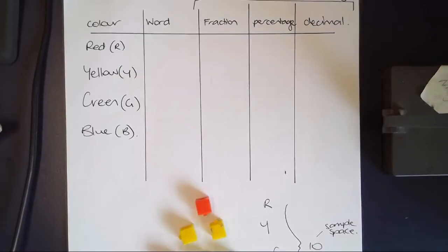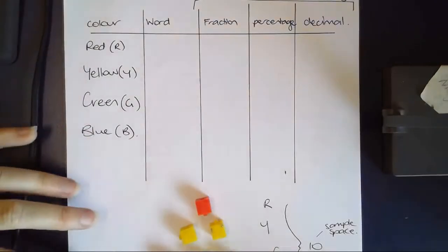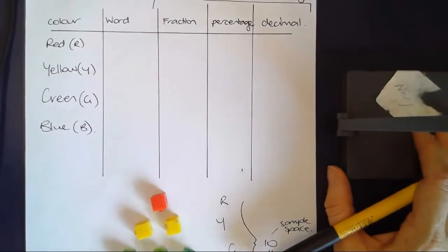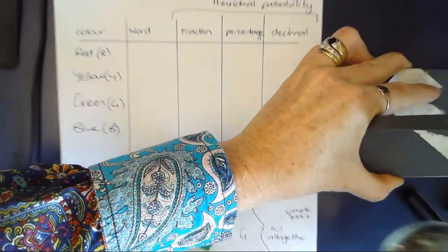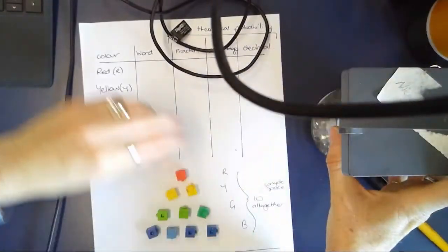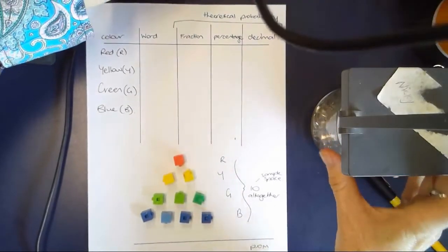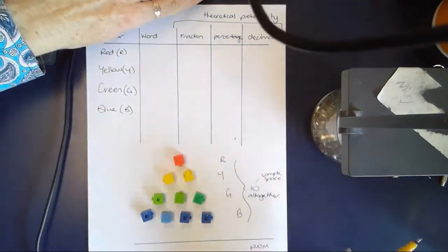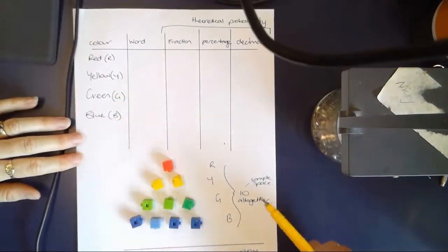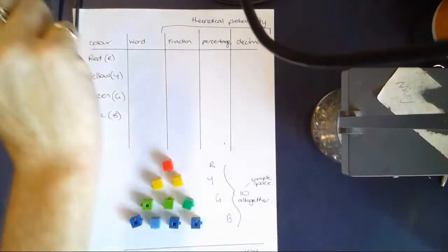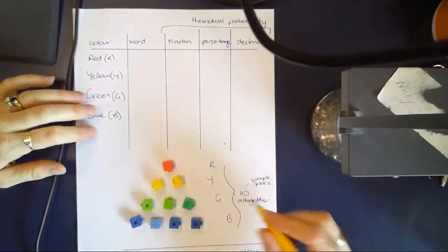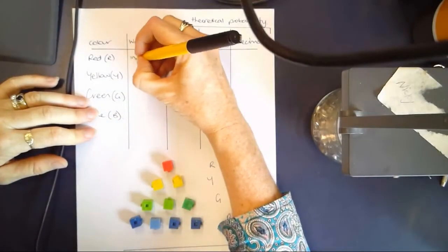The first thing we decided to look at was what word we could attribute to each of those different outcomes. If I had 10 blocks all together, which I do, and only one of them is red, one of the words we could attribute, and we looked back in our books to this, was improbable.